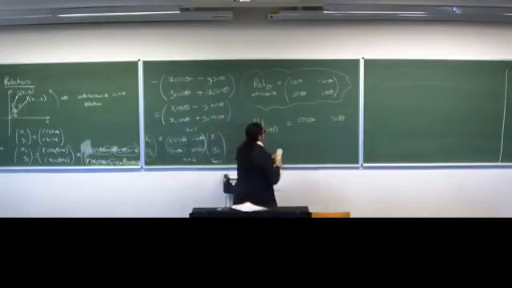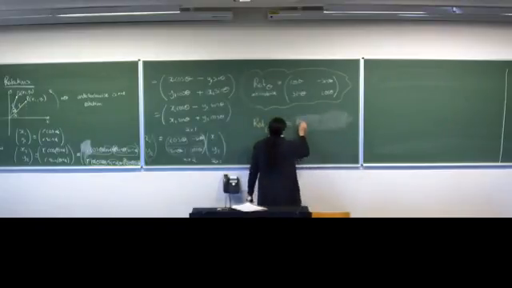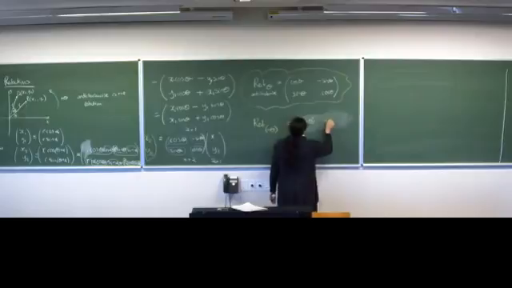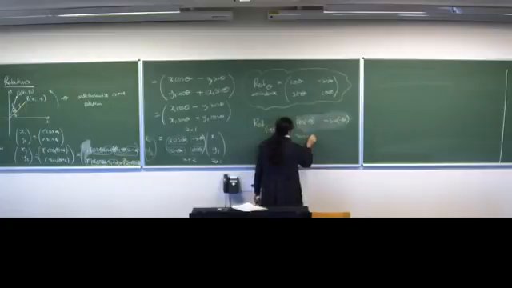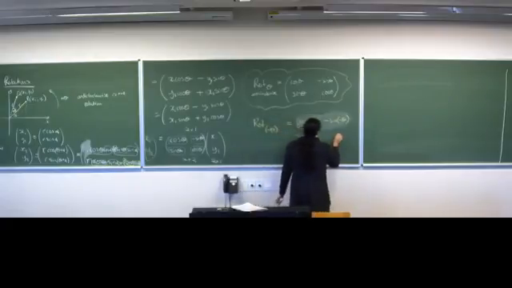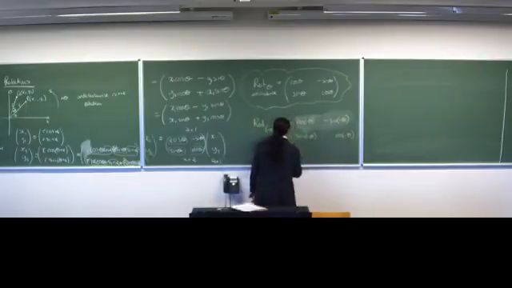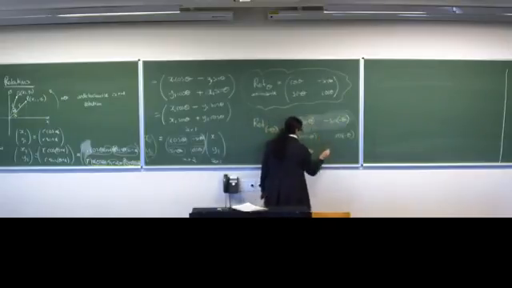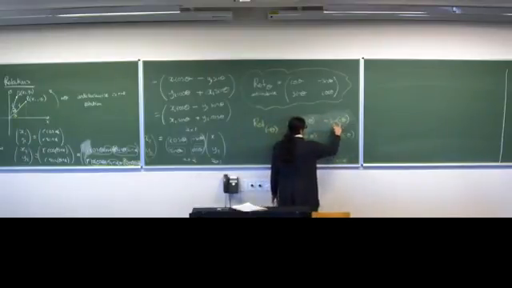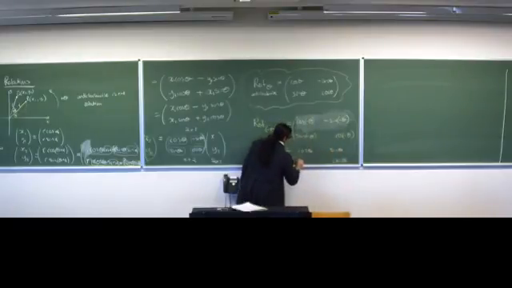Must I write it out one more time? So it's cos of minus theta, minus sine of minus theta, sine of minus theta, and cos of minus theta. Simplified, this becomes cos theta because it's even. And minus sine of minus theta is simply sine theta, and sine of minus theta becomes minus sine theta because it's odd.